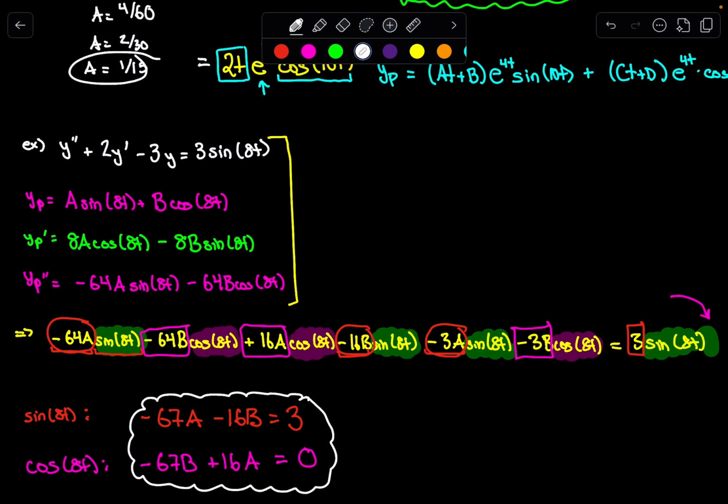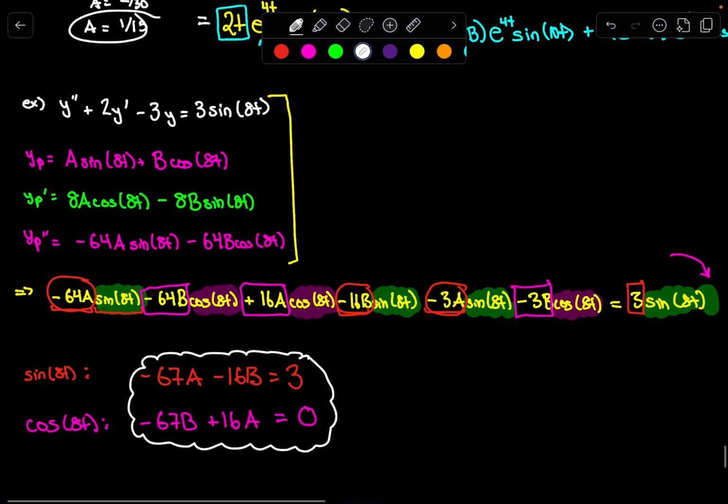And so now, to finish this problem, we essentially just have this very small system of equations that we can solve using a whole bunch of techniques from algebra 2, from linear algebra, if you feel so inclined. I could take the first equation and say that negative 67a is equal to 3 plus 16b. I could divide out that negative 67, so a is equal to 3 plus 16b over negative 67.